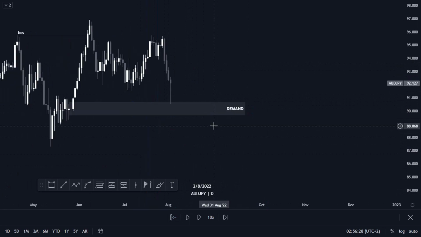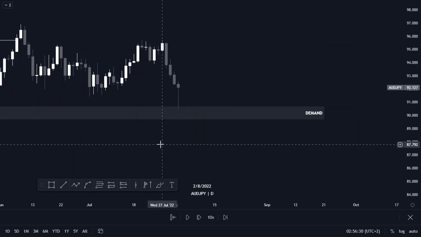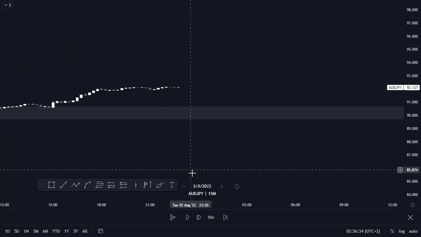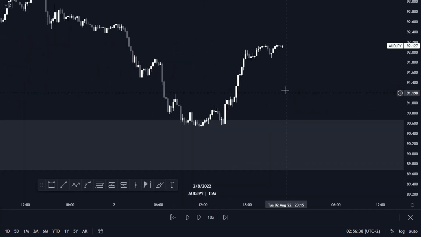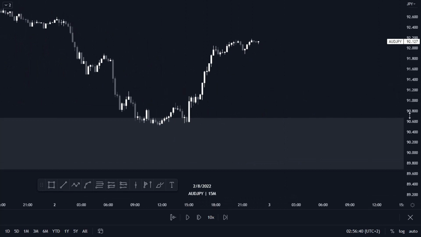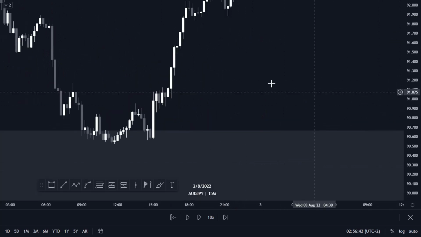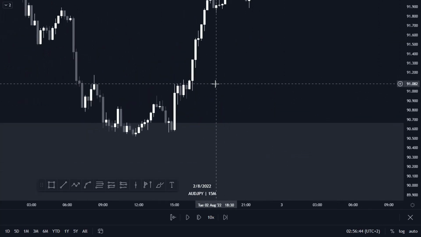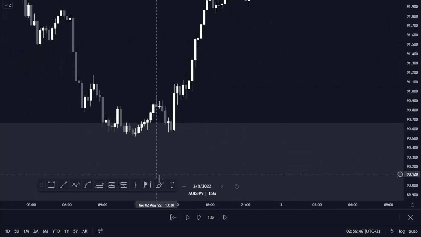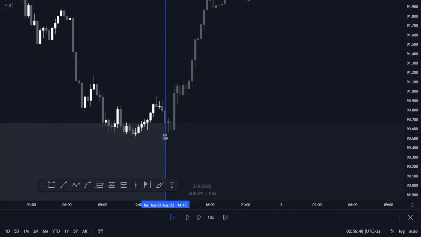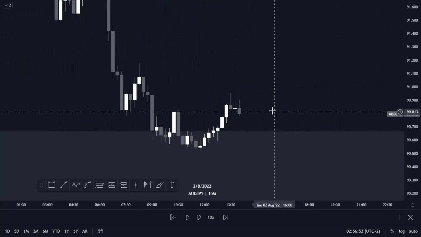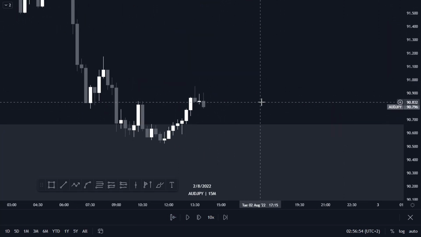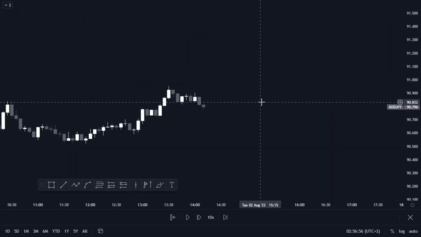Moving on, let's first move on to the 15-minute chart. We have this, so we are going to focus on this here. Move on to the 5-minute chart.